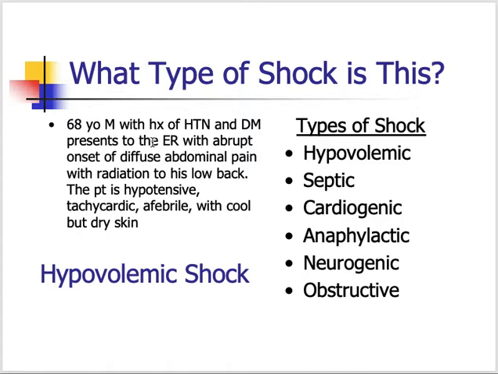So hypovolemic shock is simply when someone has less circulating volume, which could be due to hemorrhage, like someone who is involved in a road traffic accident and started losing blood, or which could be a non-hemorrhagic type of shock. For example, someone who had dehydration due to vomiting and diarrhea, right?